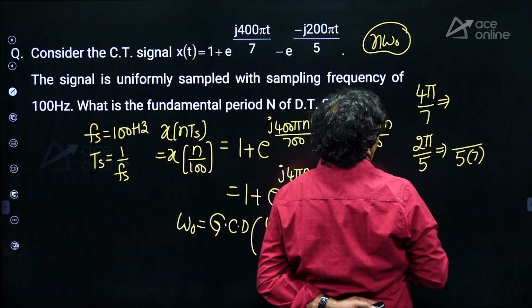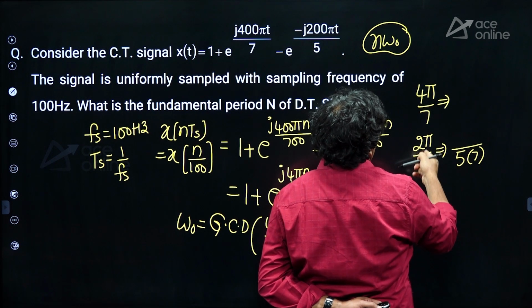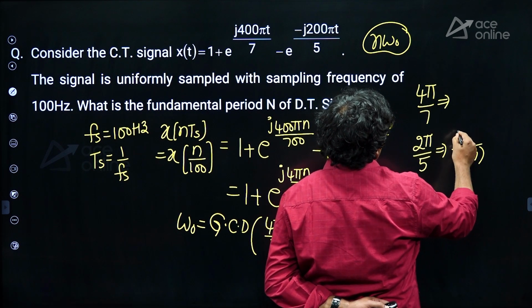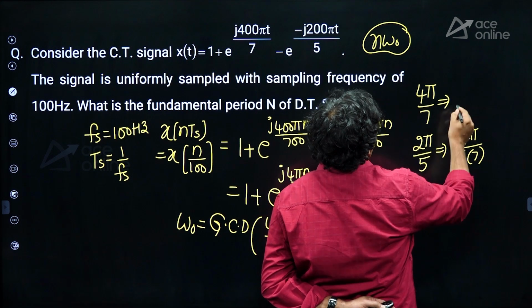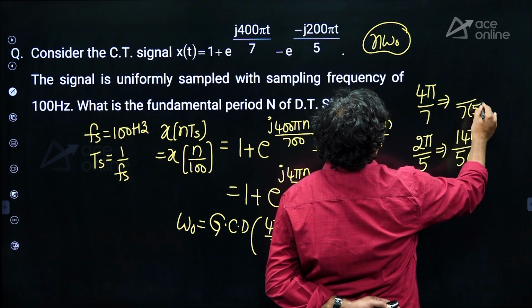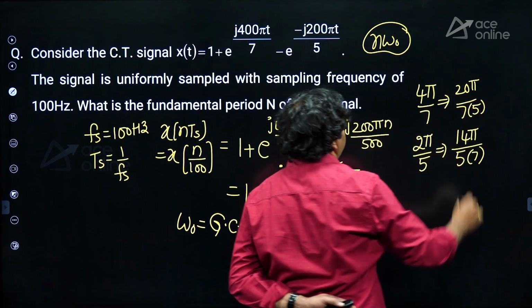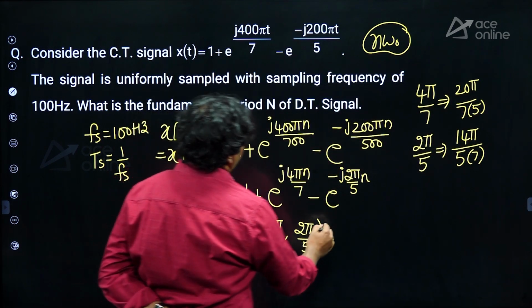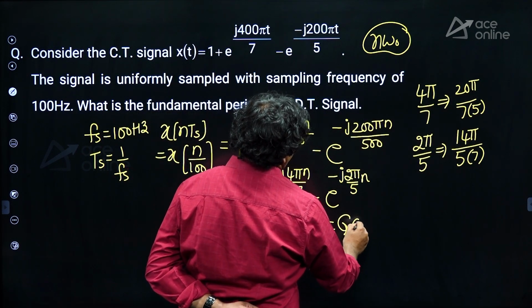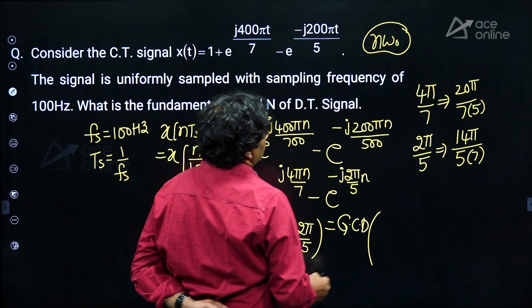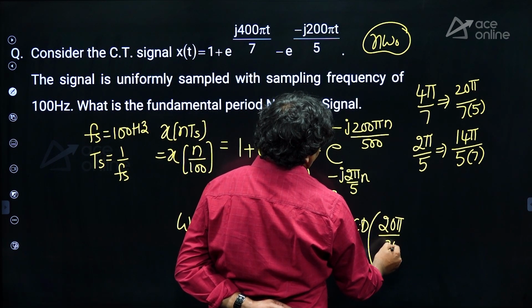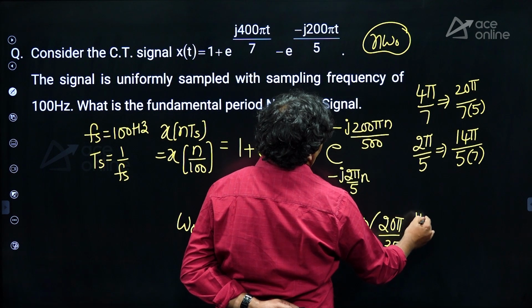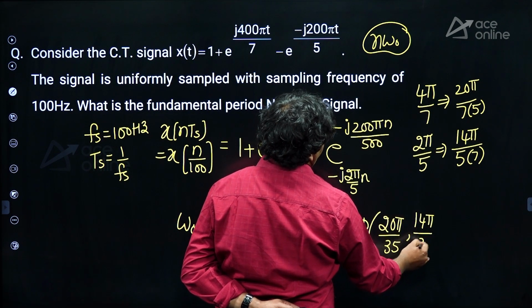To make a common denominator, numerator and denominator in this case are multiplied by 7, in this case multiplied by 5. So this is indirectly GCD of which numbers? 20 pi by 35, comma 14 pi by 35.